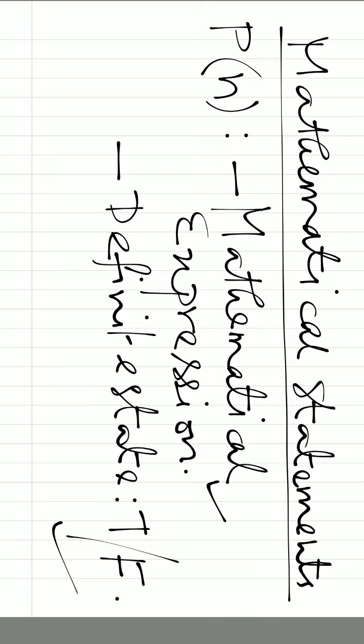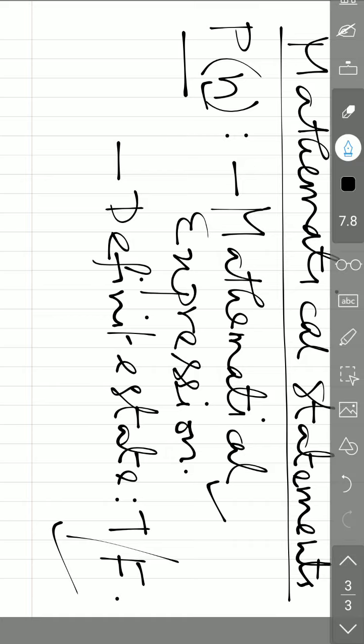Usually the mathematical expression will consist of some natural number n. That's why the notation is P in bracket n. So let me give some examples of a mathematical statement.